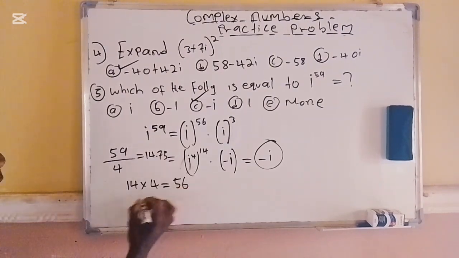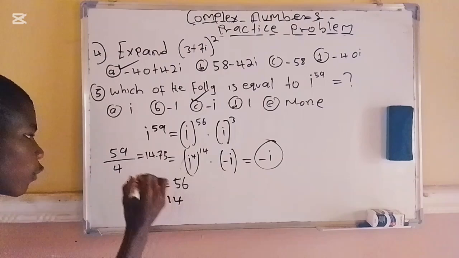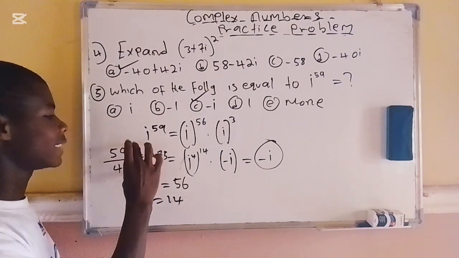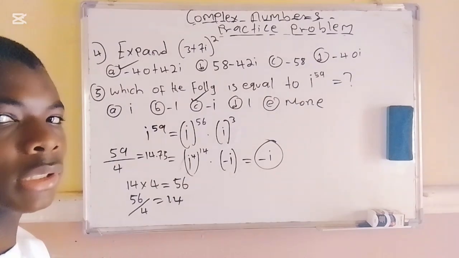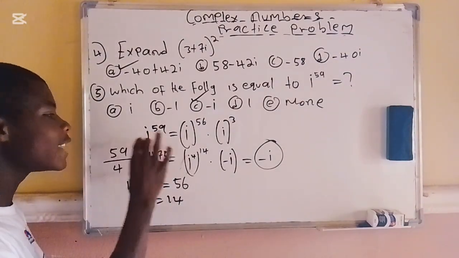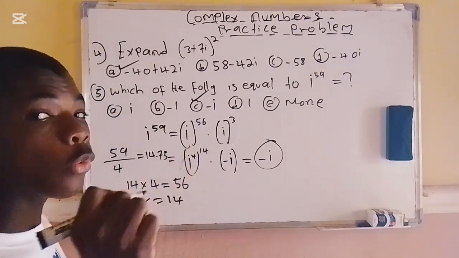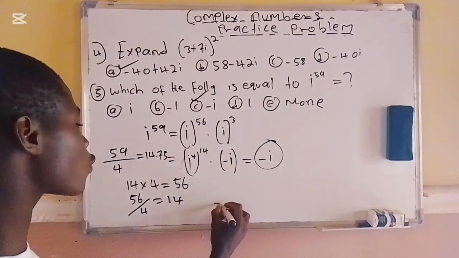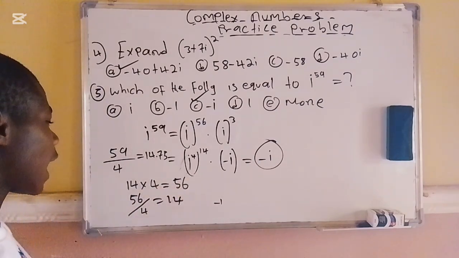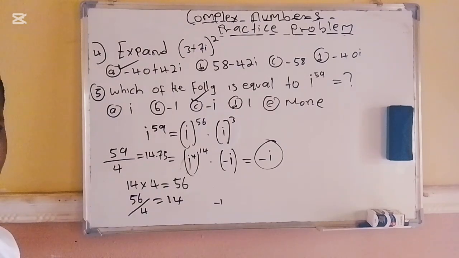And 56 divided by 4 gives me 14. As you can see, 59 is odd, so our answer is supposed to be negative. But 56 is even, and 14 is even too.